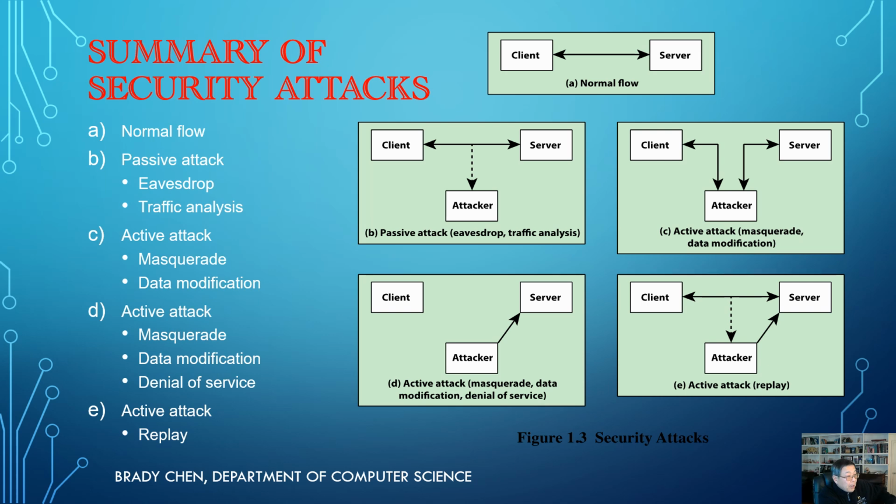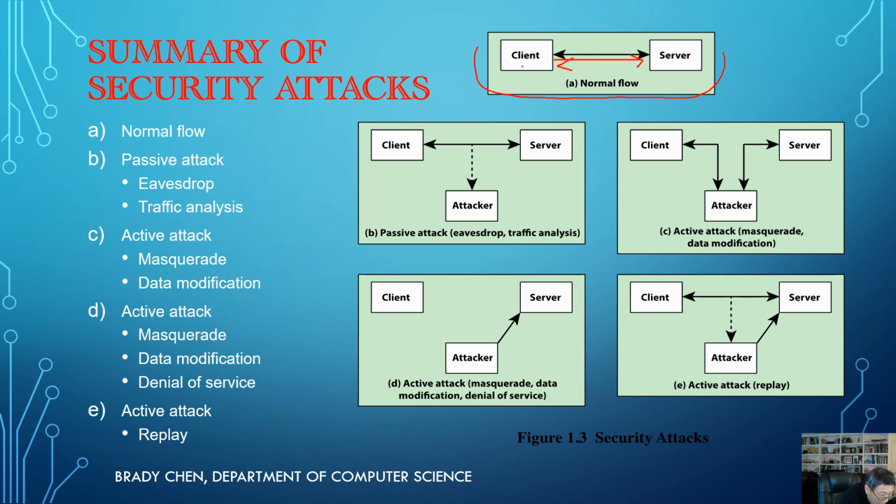Okay, so here is the summary of security attacks. At the top, this represents a normal flow of communications. A client sends a message to the server, and the server replies with another message. It's a normal flow.